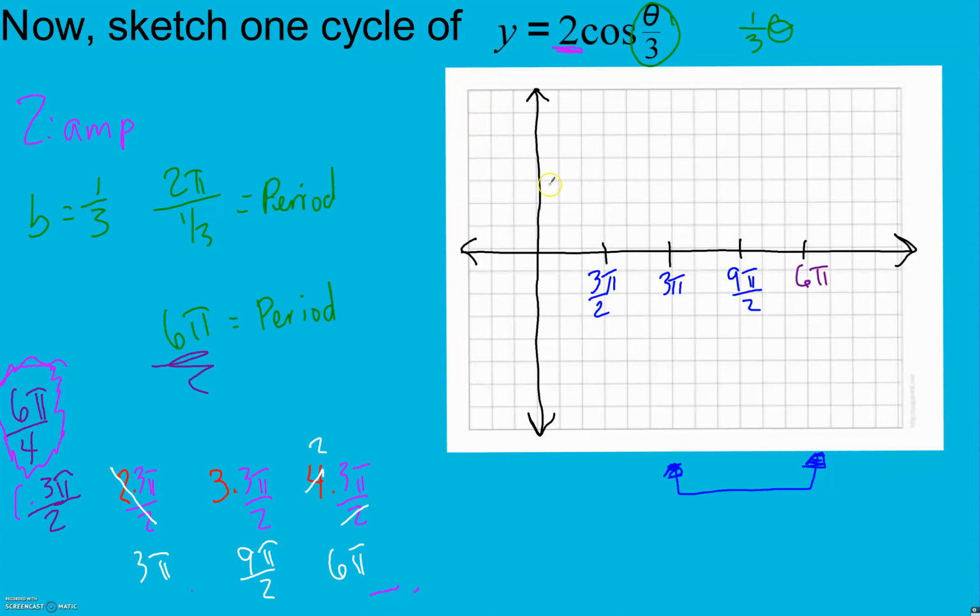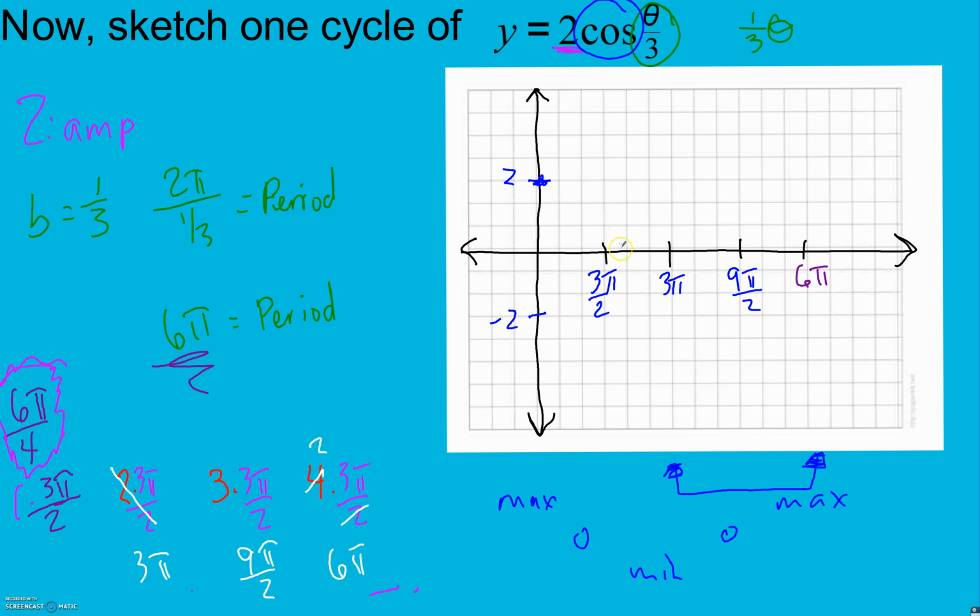Next, I'm going to label my amplitude by 2. That's, again, how far away from that midline here, and since we don't have any vertical or horizontal translations, there's nothing I need to change there. I just go 2 up, 2 down. Since we have cosine, we go max, 0, min, 0, max, every time.